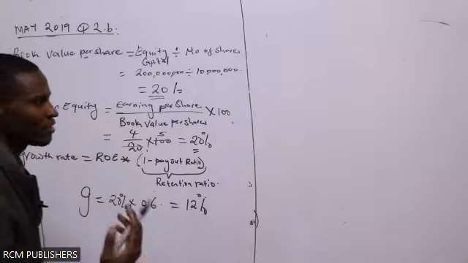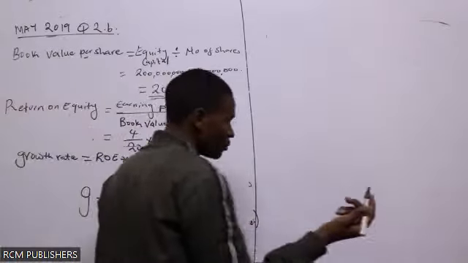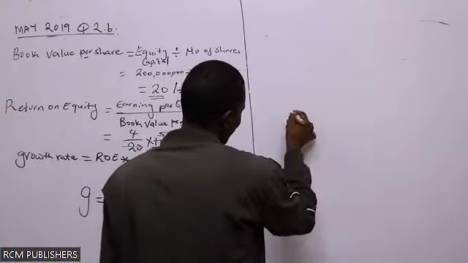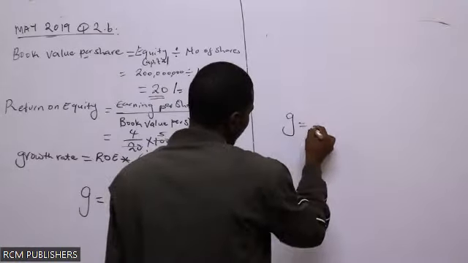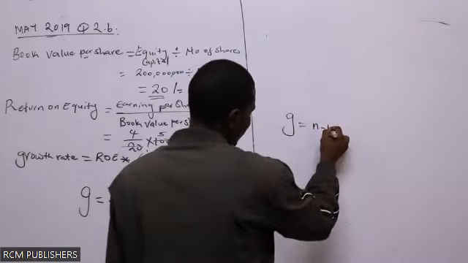But still, I told you that there is another formula of getting growth. It's n minus 1, I told you it is n.